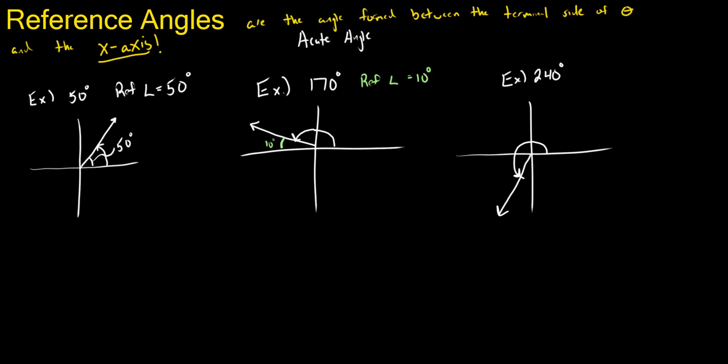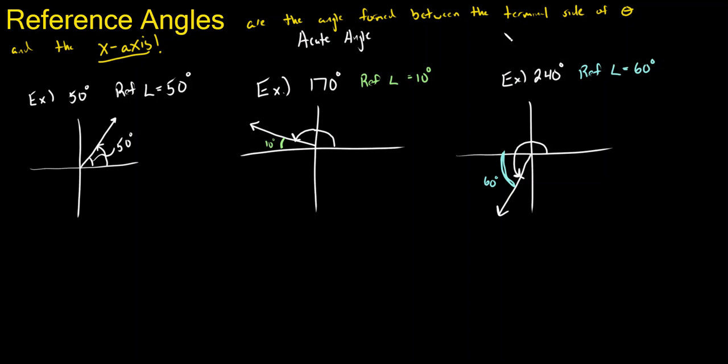The reference angle is the angle formed from this terminal side and the x-axis. I went 180 degrees, and then to get to 240, I had to go an extra 60 degrees. So the reference angle is 60 degrees.